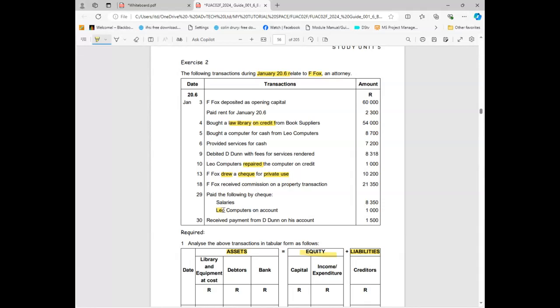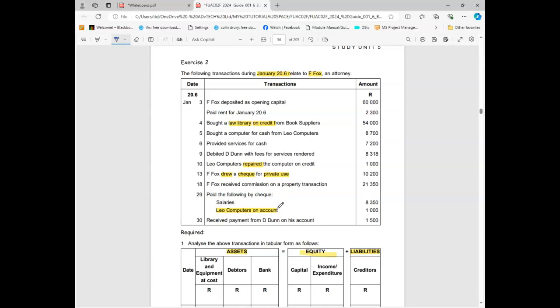Still on the 29th. It'll be Leo on account, and bank. Then would you open an account for Leo Computers? Leo would fall under creditors. Do we owe Leo, or do they owe us? When they say on account, it means we are paying them because we owe them.